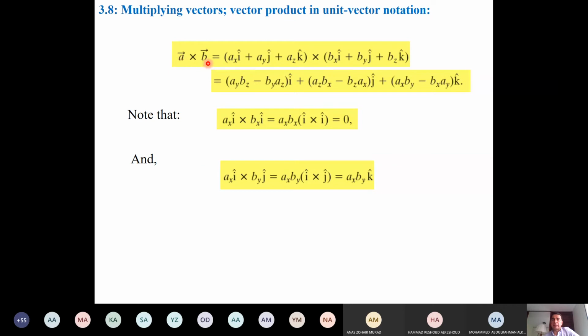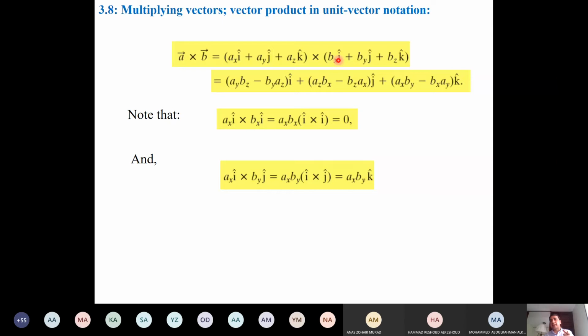When you have vector A and vector B, and both of them are three-dimensional vectors, you make the product of A with B, so AX, BX, and now you see that the vector here, vector I, you are taking the cross product with vector I. Since these two vectors, I times I, are the same, one is along the x-axis and the other is also along the x-axis.